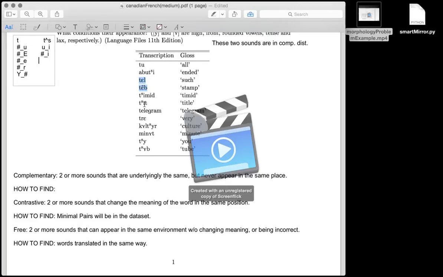Now we have the word chit, or title. So again, we have a word boundary, the T here, and then the I vowel, which I'm just going to use a capital I for.